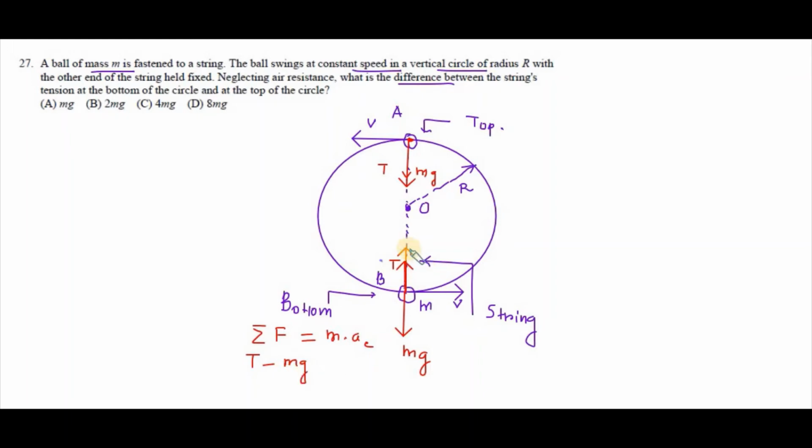Since the net force direction is towards the center of the circle, the tension along the length of the string at the bottommost position must be greater than the weight of the object. That's why I have taken T minus mg equal to mass times centripetal acceleration. From there we can say T is mg plus mass times centripetal acceleration, which is represented by m v square by r, where r represents the radius of the circle.